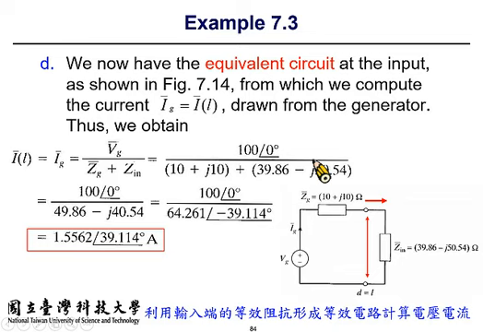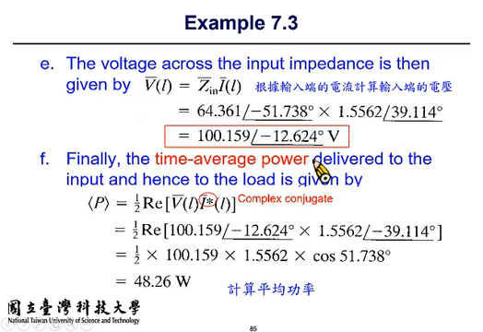Alright? And once you have the current, you can find the voltage by considering the characteristic impedance of the transmission line.